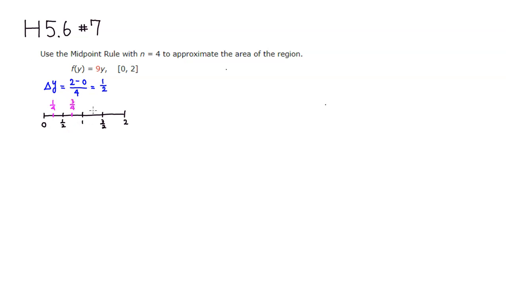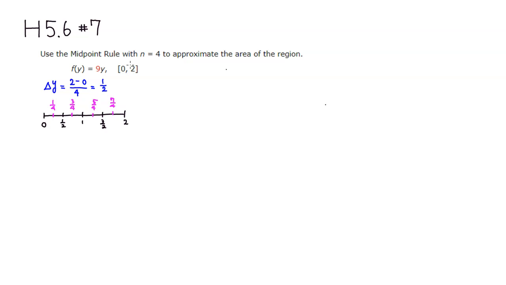The next one is 5/4, and the next one is 7/4. Once you find x1 bar, I just keep on adding 1/2, or 2 over 4, to it. So you get 3/4, 5/4, and 7/4. All right, so we got that.